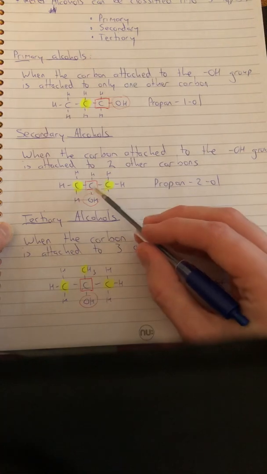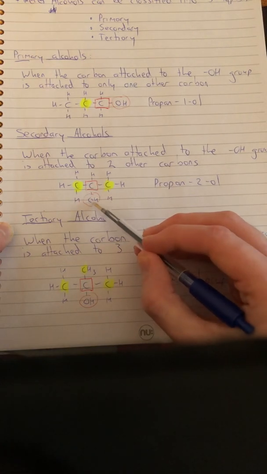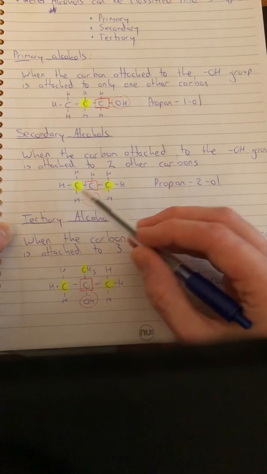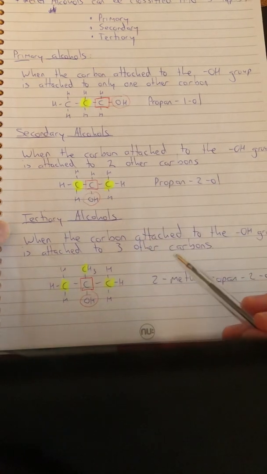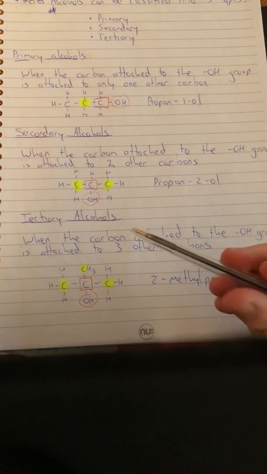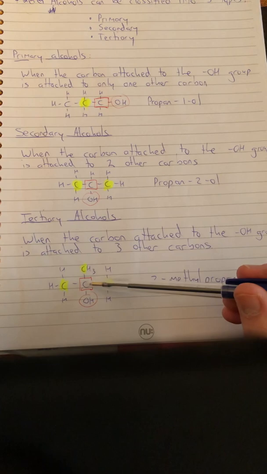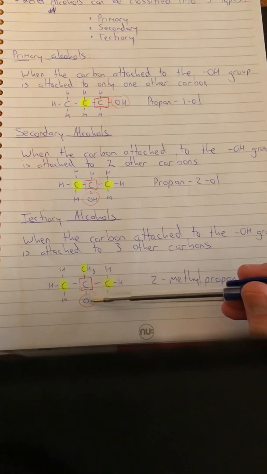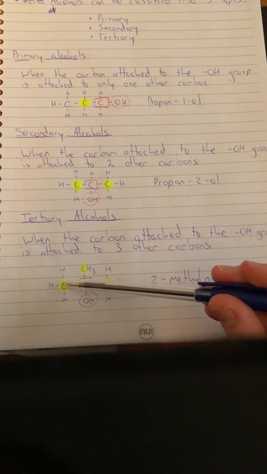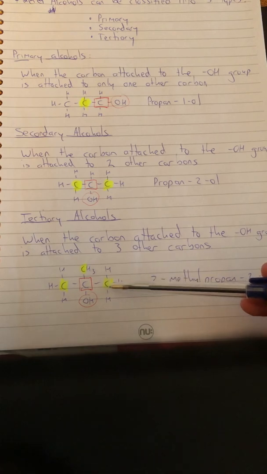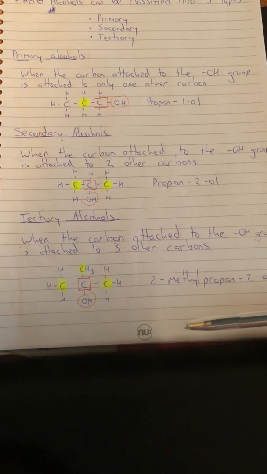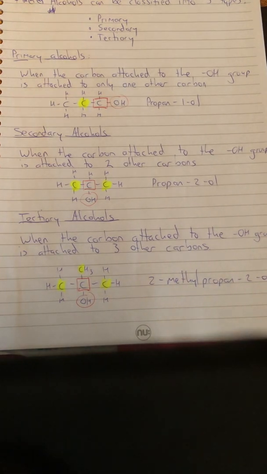Secondary alcohol is when the carbon attached to the hydroxyl group is attached to 2 carbons. And tertiary alcohols are when the carbon attached to the hydroxyl group is attached to 1, 2, 3 carbons. Okay, so you need to know that. You need to know how to identify your primary, secondary and tertiary alcohols.